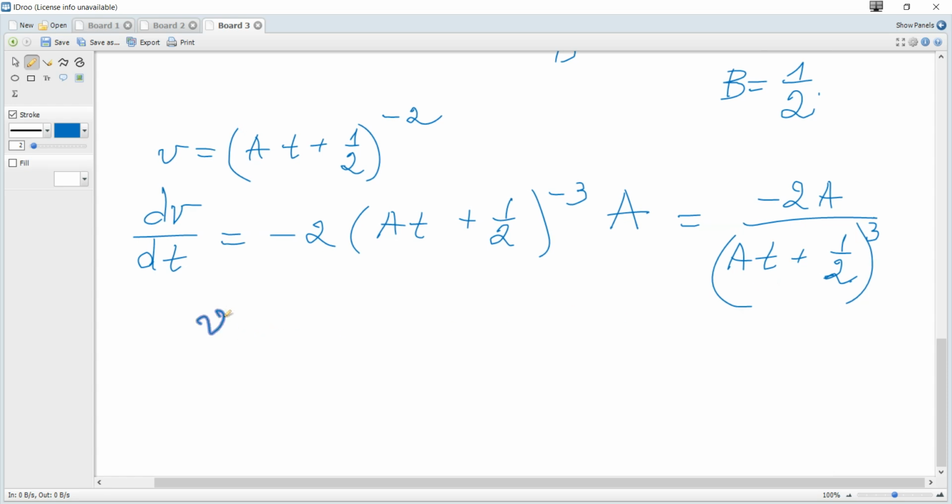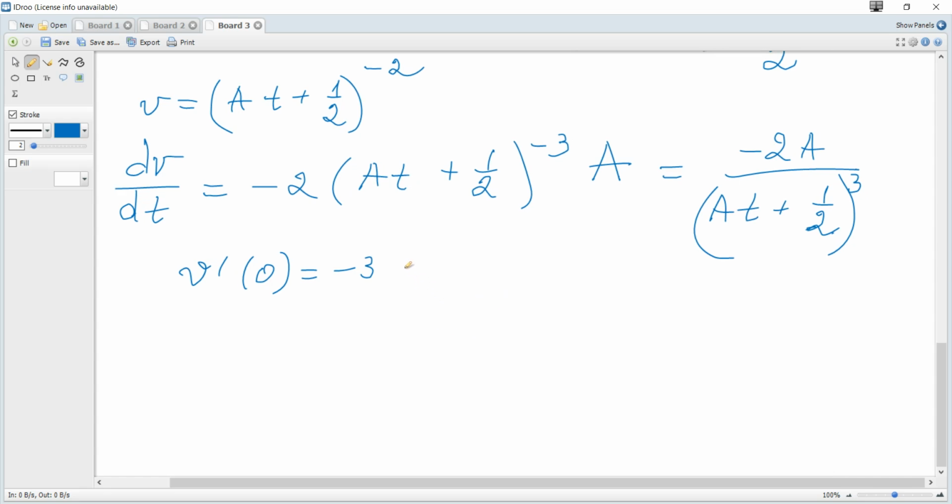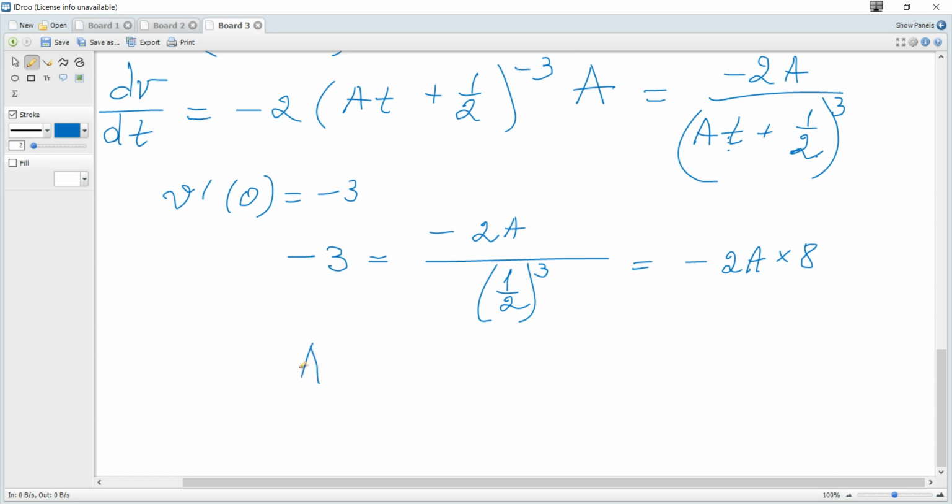And the derivative at 0 is negative 3, so negative 3 is negative 2a over a half cubed, and that's 1 over 8, so it becomes negative 2a times 8. So a is 3 over 16.